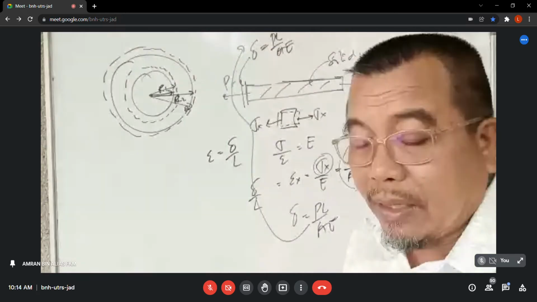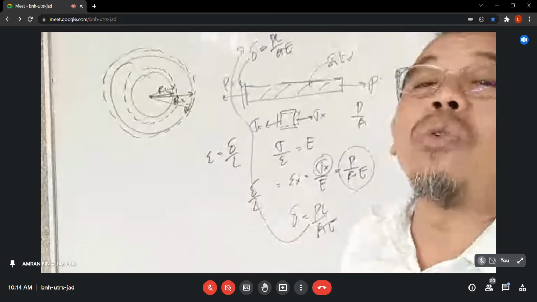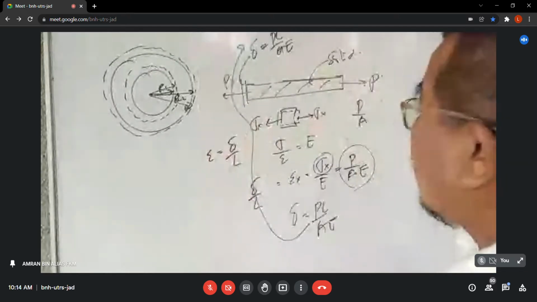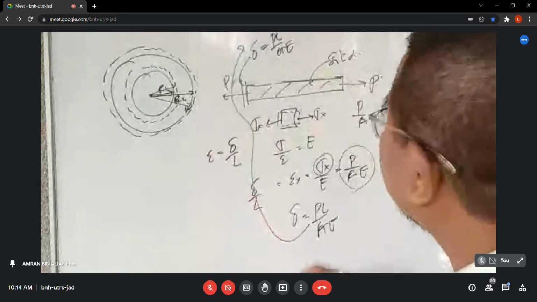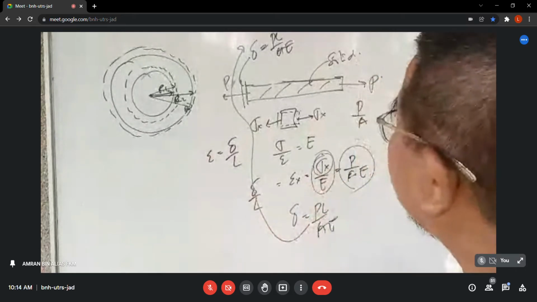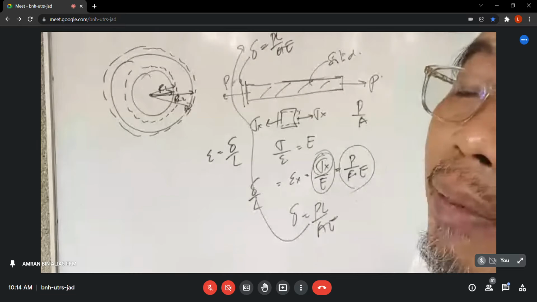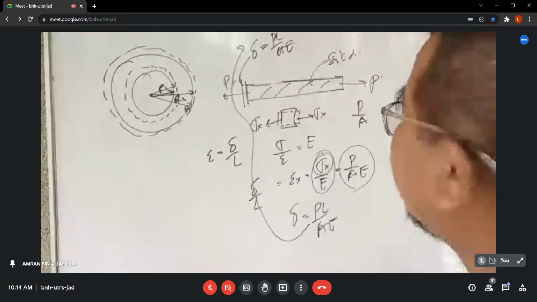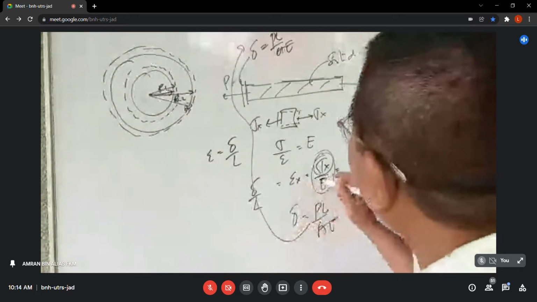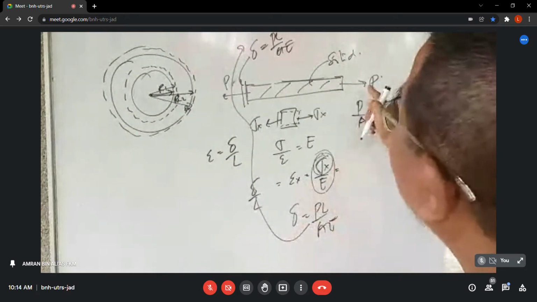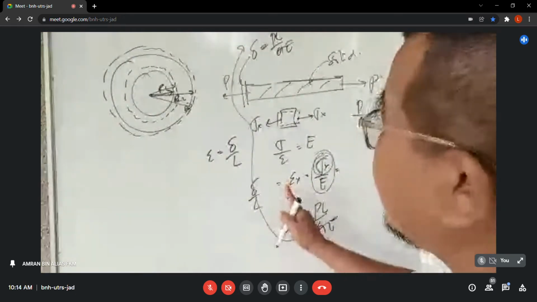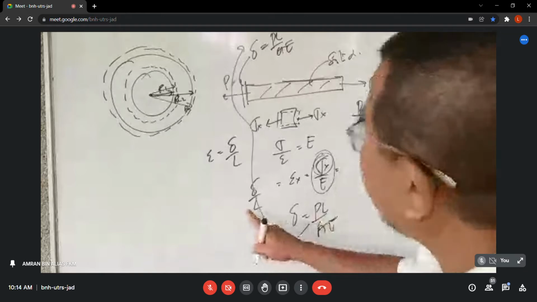Yes. Okay. Now we want to look into the strain part. The strain is stress over modulus Young. Forget about the loading first. Strain is, we know the stress. When we know the stress divided by E, the modulus Young, when you got the E there, go back here.